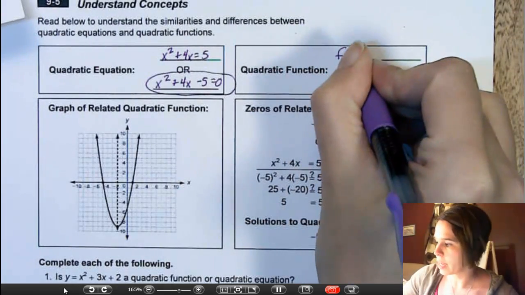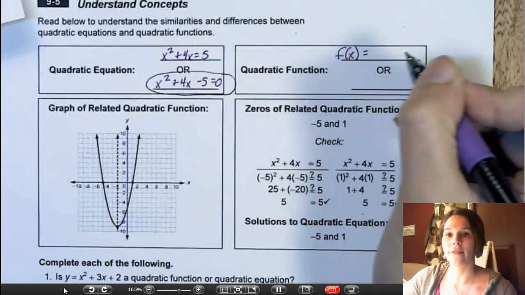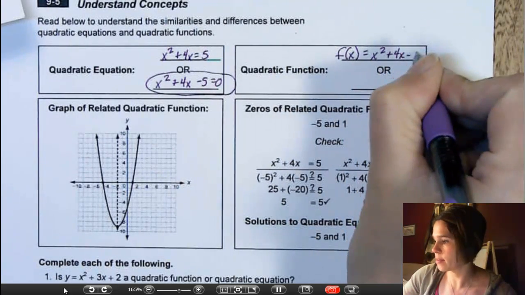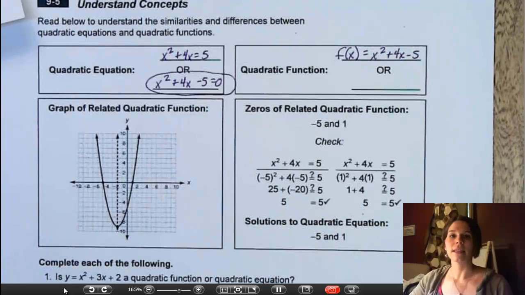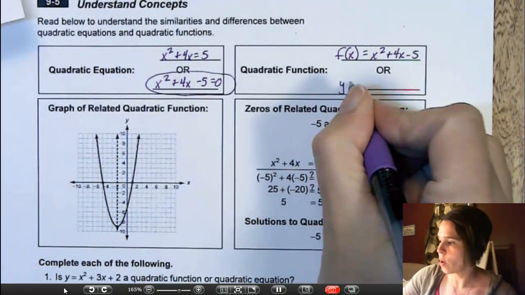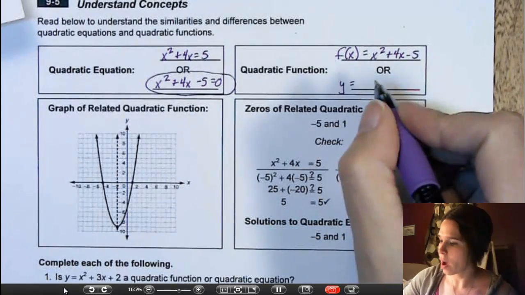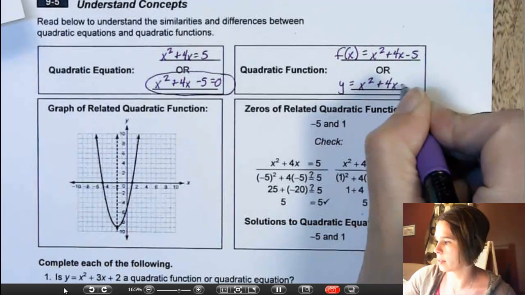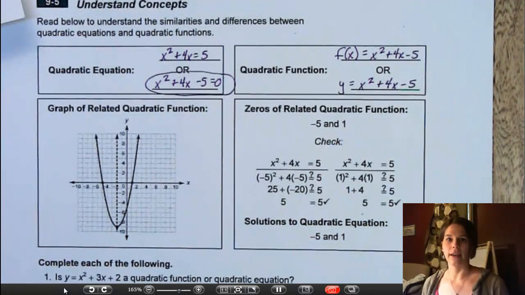Function form would just be saying, instead of 0, I would say f of x is equal to x squared plus 4x minus 5. Instead of f of x, that's interchangeable with y. Now I have y equals x squared plus 4x minus 5.